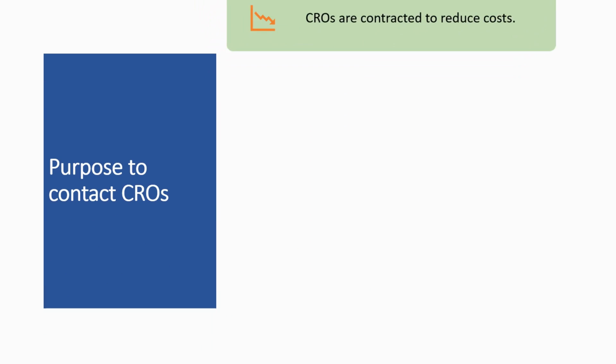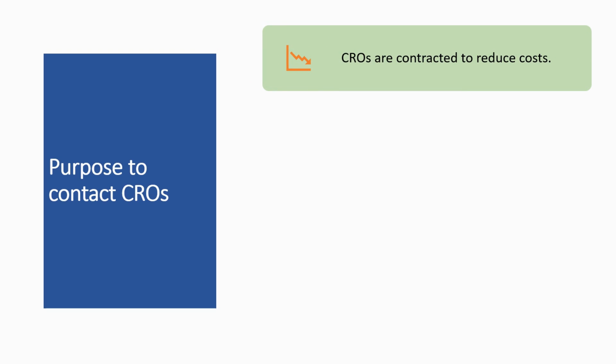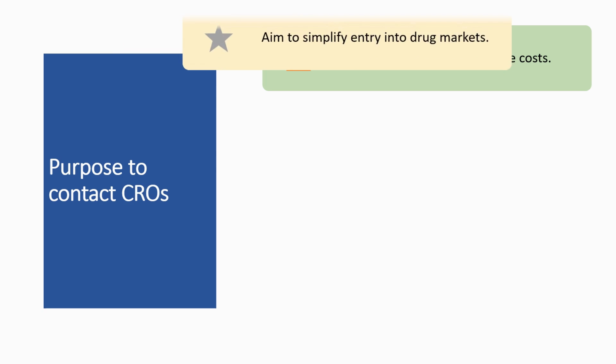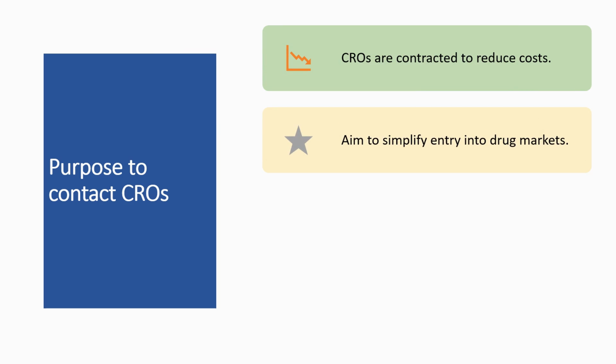The purpose of contracting CROs is to reduce costs for companies developing new medicines. They aim to simplify entry into the drug market and simplify development, as the need for large pharmaceutical companies to do everything in-house is now redundant.